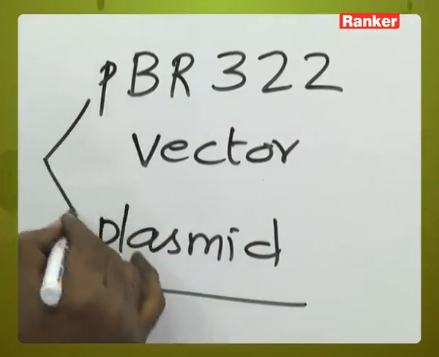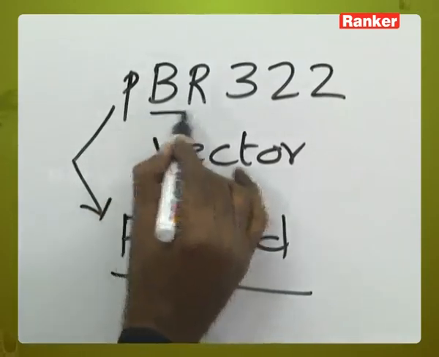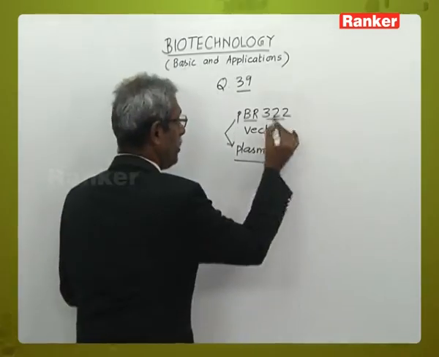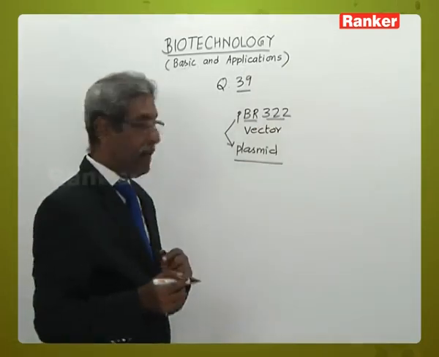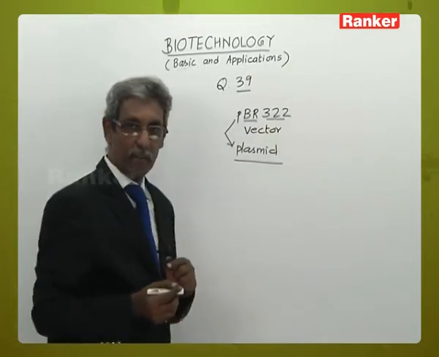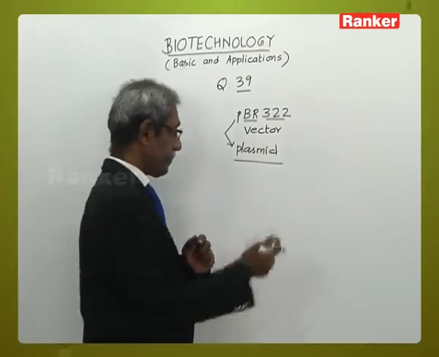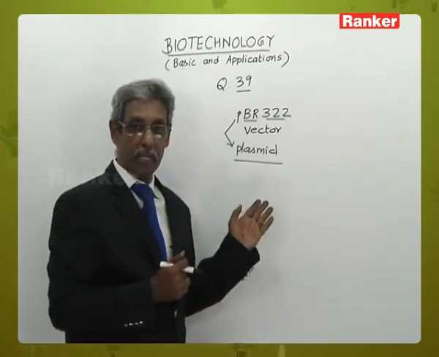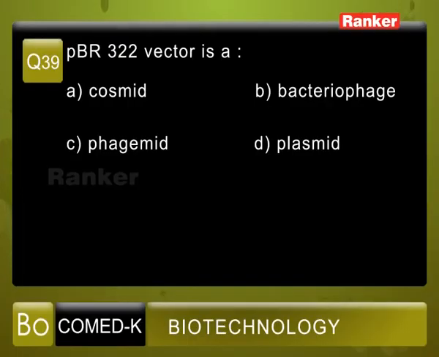P refers to plasmid, BR refers to Bolivar and Rodriguez, and 322 the numerical series of the particular vector. This is the most efficient vector with relation to genetic engineering, and maybe it is the first generation of vectors which are used in gene cloning. Hence, the right answer is D, plasmid.